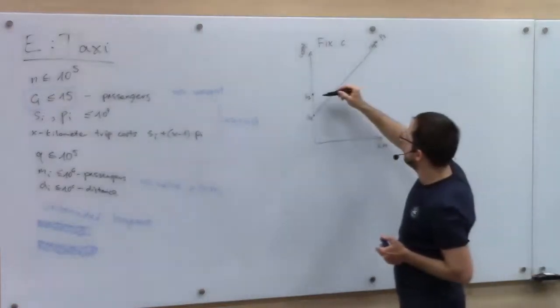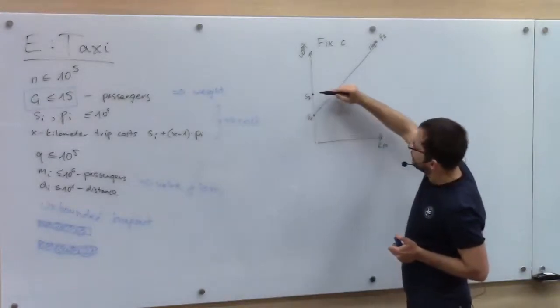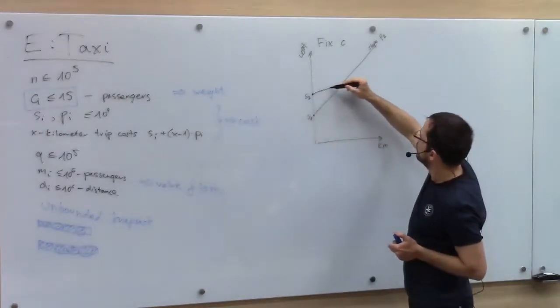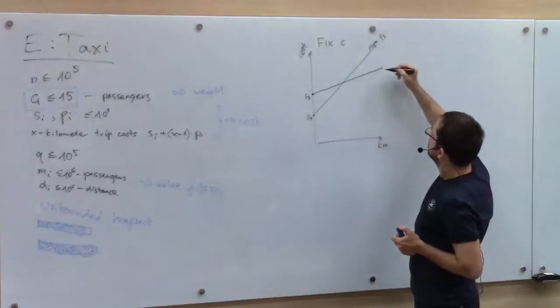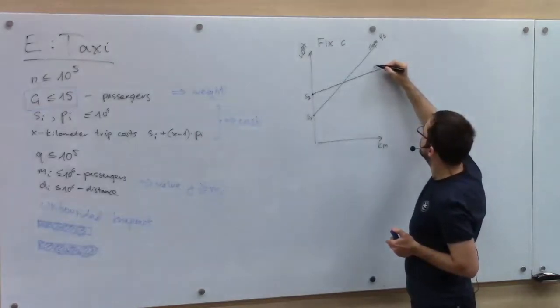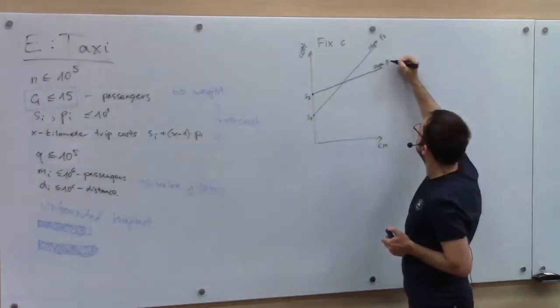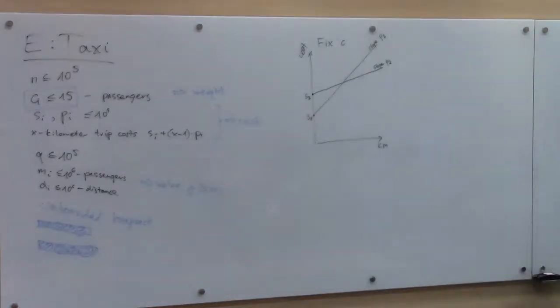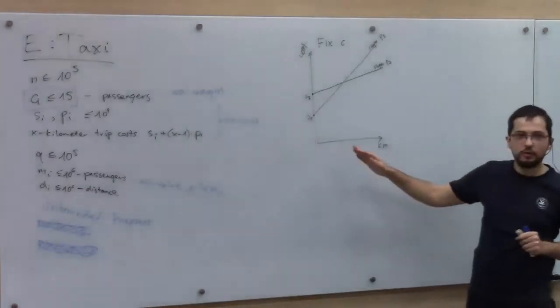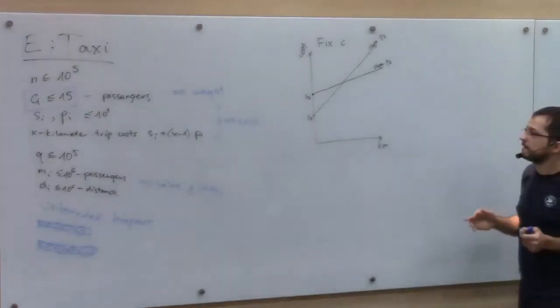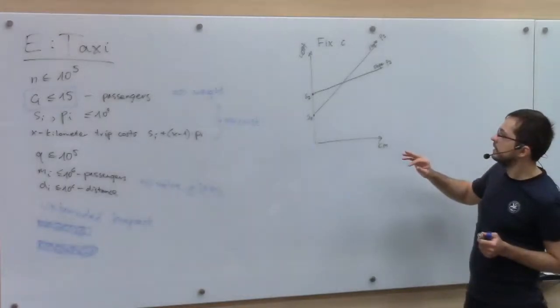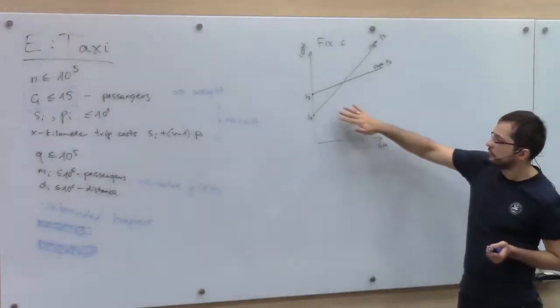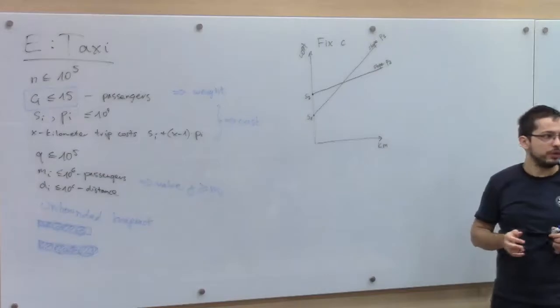So then the line will start higher, but it will have a lower slope. So we see from this picture that depending on how far we would like to go, sometimes it's better to use the first cab, sometimes it's better to use the second one.